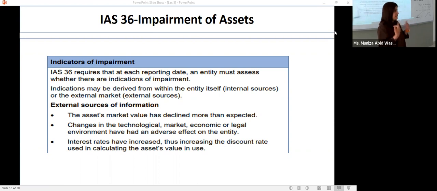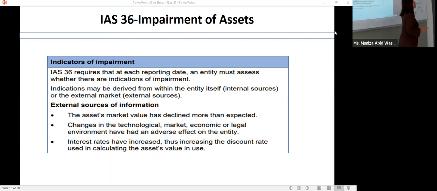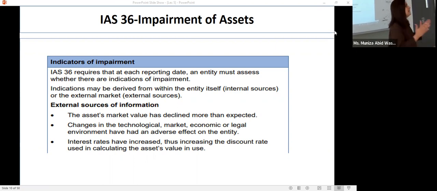If there are indicators of impairment present, only then we are going to start this calculation, otherwise, no. So we normally say in the language of the standard that if there are indicators of impairment, then we review impairment. This is known as review of impairment. Only if there are indicators of impairment, then we are going to review impairment, otherwise leave it.